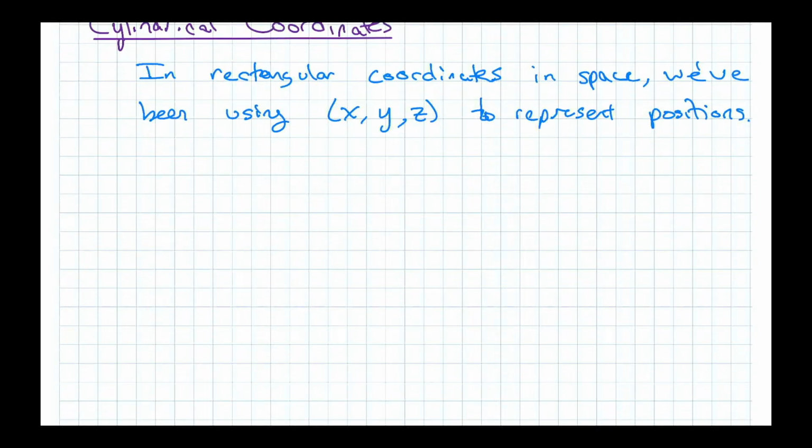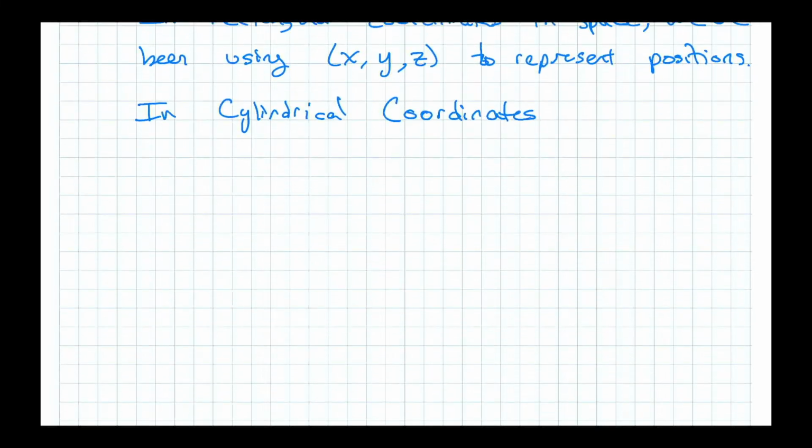In cylindrical coordinates, we're going to use different variables. We're going to use R and theta and Z. You recognize R and theta from polar coordinates, and actually they're going to mean the exact same thing.